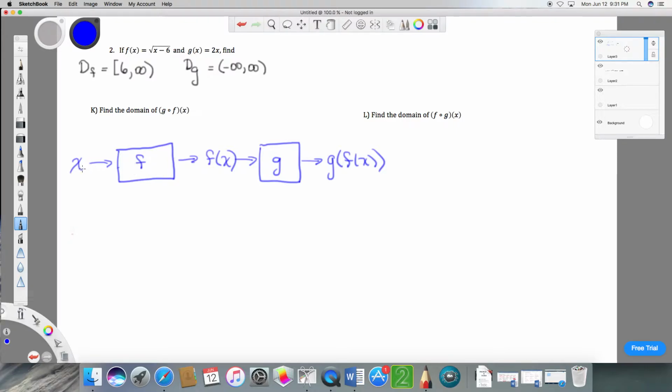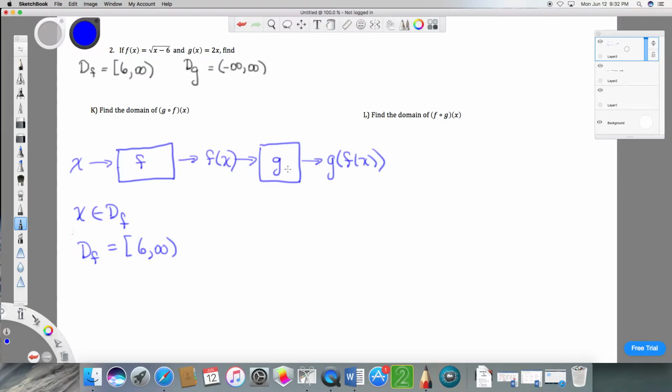Well, in order for any number that we give f to have an output, we've already said that for x to be in the domain of f, to have f of x be a real number, then we have to have x be in the interval from 6 to infinity.